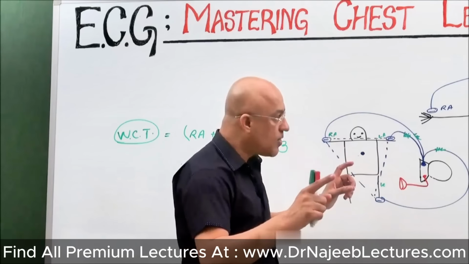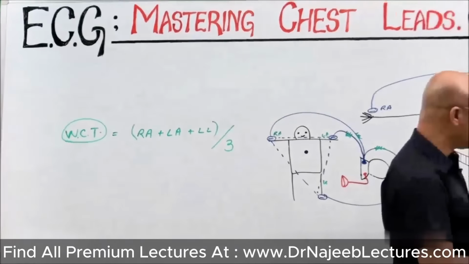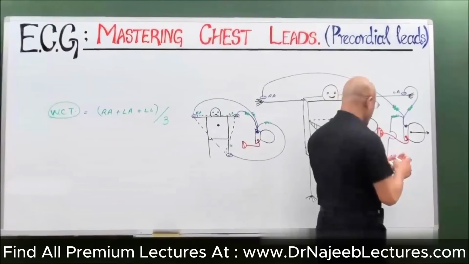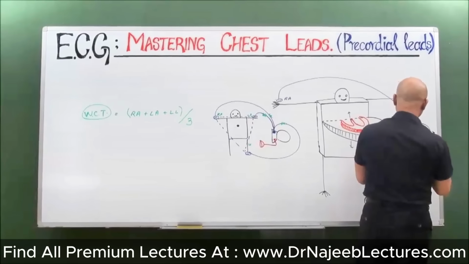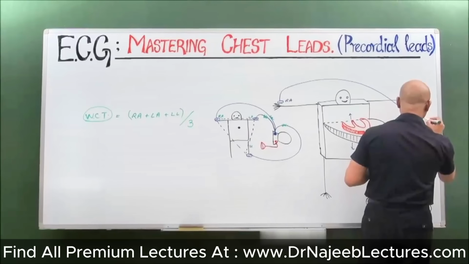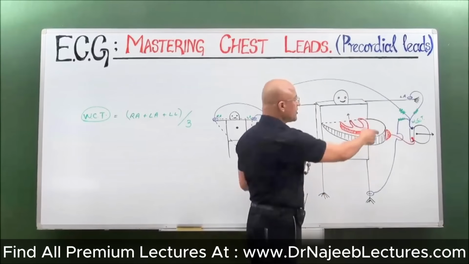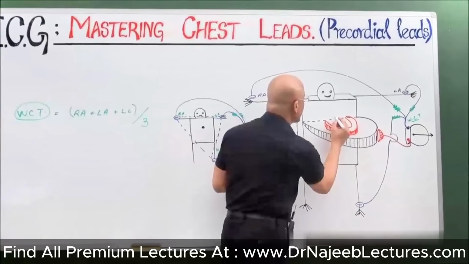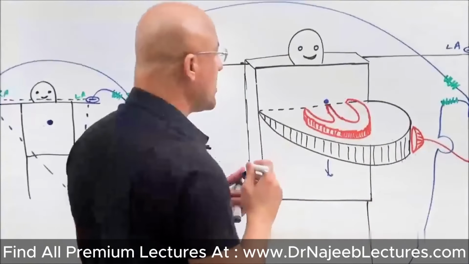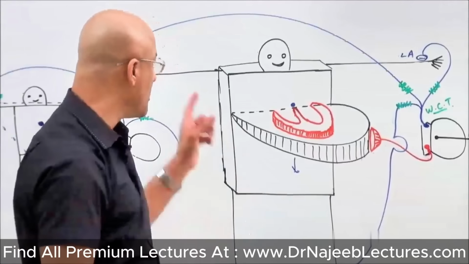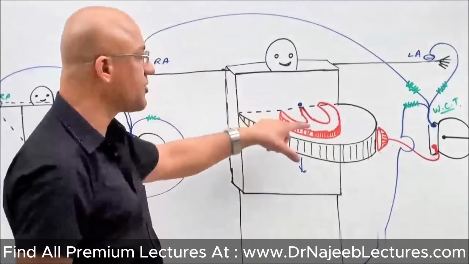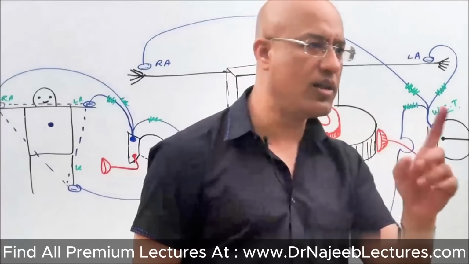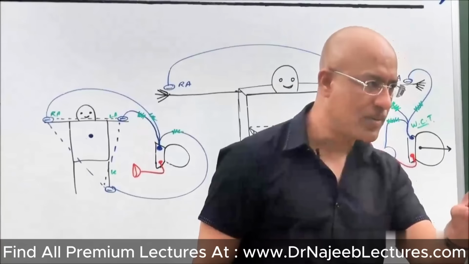Is that clear? Now we come back. We have made this Wilson central terminal, and it will result in a virtual electrode at the center of the triangle, or we can say it will produce a virtual electrode in the center of the heart. Is that right?